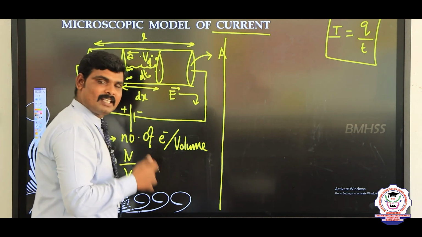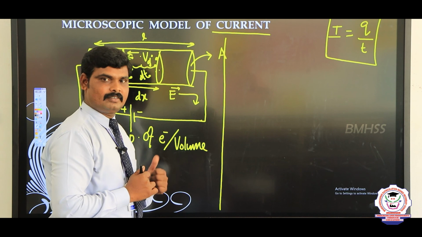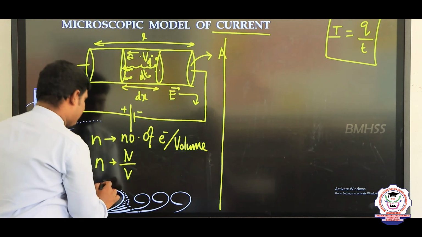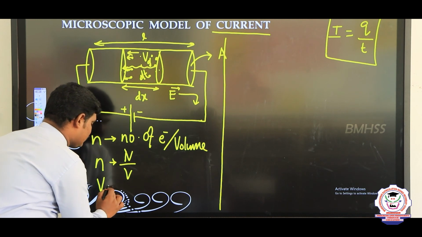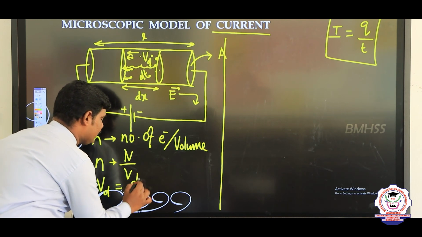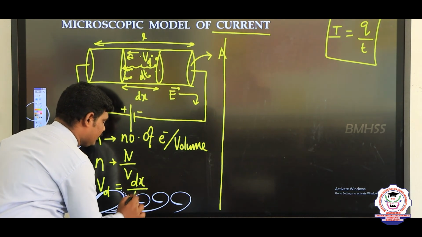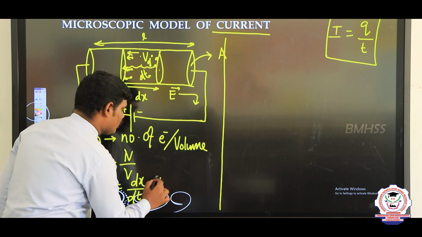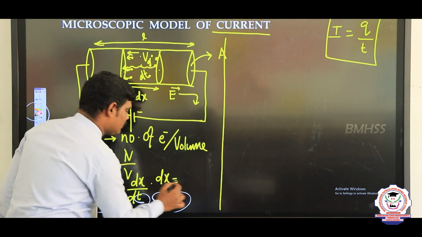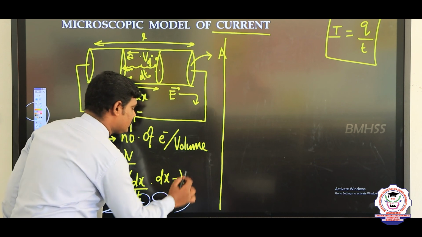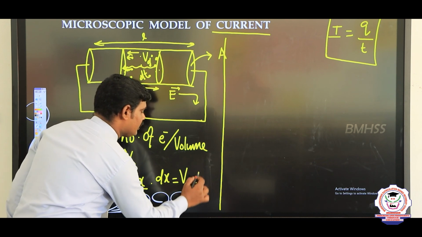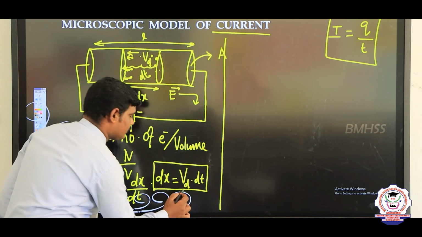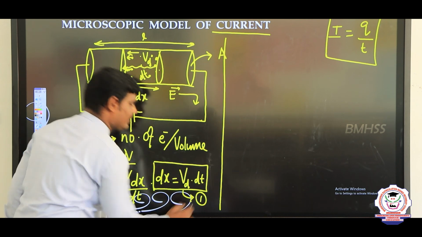The general formula for velocity is displacement by time taken. So the drift velocity Vd is equal to displacement by time taken. So this displacement dx is equal to Vd into dt. I take this as equation number 1.